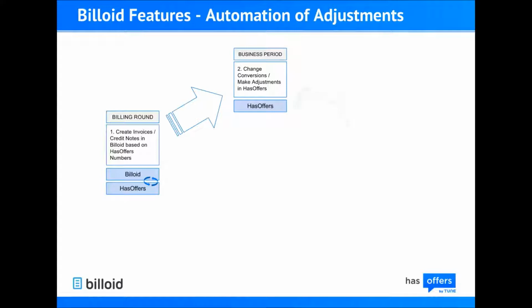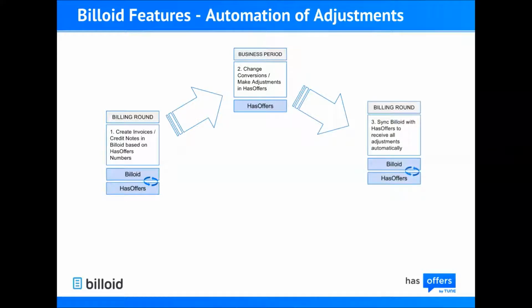But luckily, some people are using Billoid, and they are happy to have that billing round with another synchronization between HasOffers and Billoid. And this will make sure that the finance people only have to generate the new invoices just as they did in the first cycle.